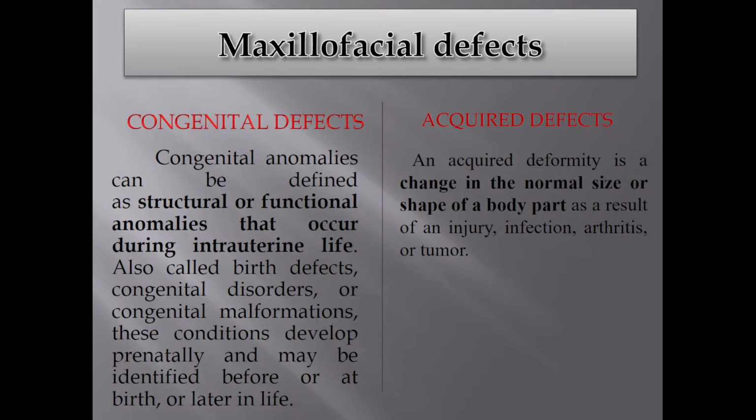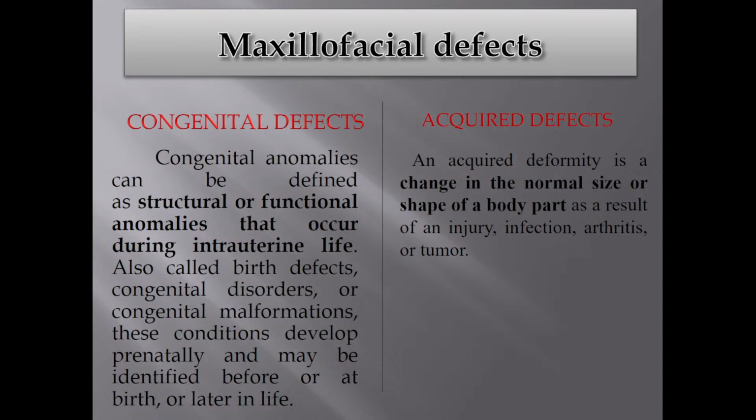In the former case, because of smoking, alcoholism and drug abuse, certain harmful substances cross the placental barrier and cause abnormal development of structures. One of the most interesting congenital defects that has been of great concern and interest to the maxillofacial surgeon and prosthodontist is the occurrence of clefts. Clefts are basically developmental anomalies that are usually present in the midline of the face and drastically affect the normal anatomy.